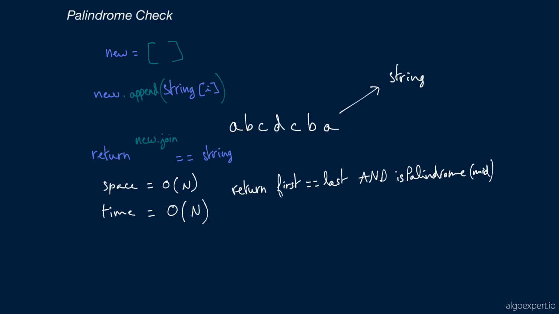So for this recursive solution, we still have a time complexity of O of n. What about space complexity? You might be saying, hey, we're not building a new string, we're just returning the values of comparisons, so we're not storing anything. So the space complexity is just going to be O of 1.